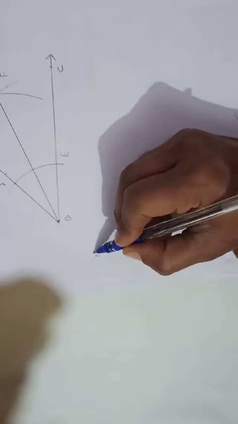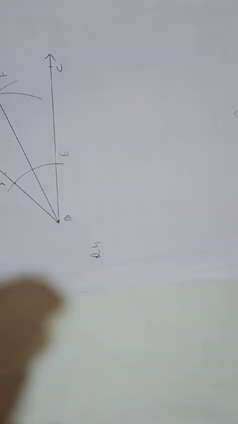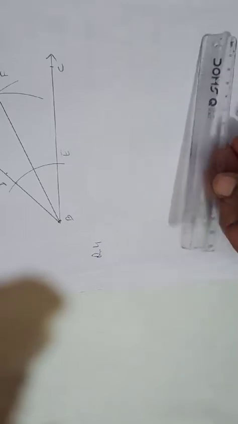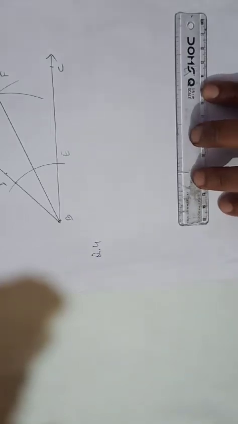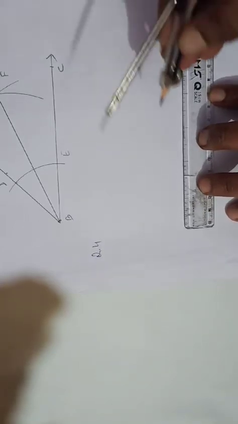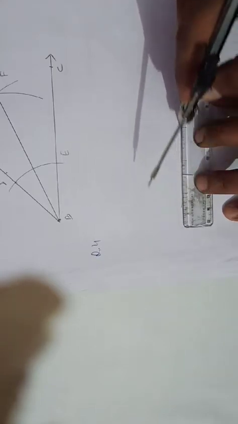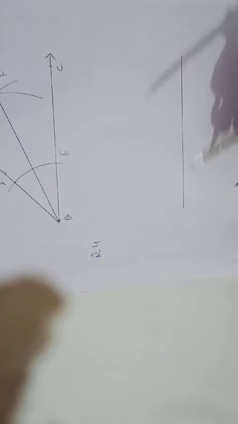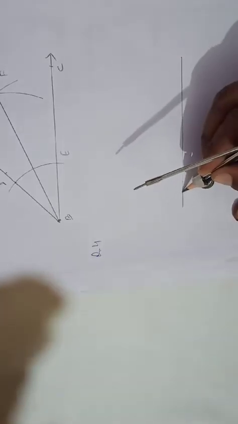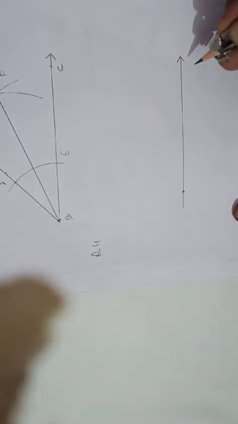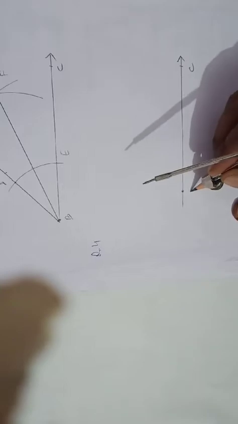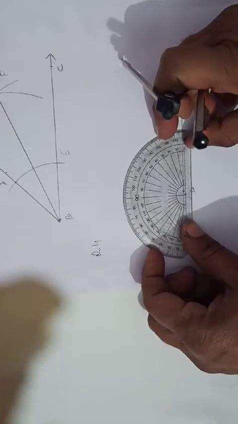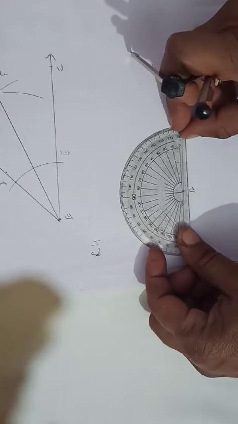Question number 4. You have to draw the angle 153 degree. So let us start. Let it be C, this is B, and we have to make the angle equal to 153.